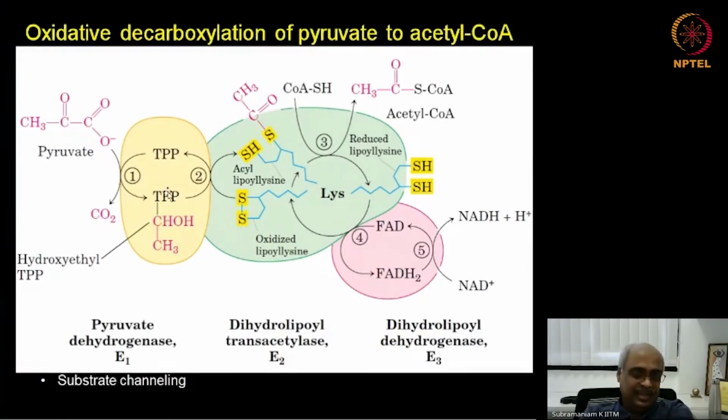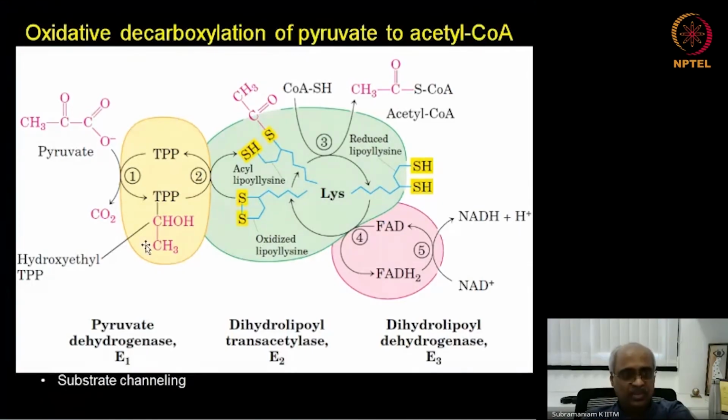So in this kind of a complex, the product of one enzyme is the substrate for the next one. And in between, the product is not released into the surrounding medium, meaning the cytoplasm or wherever this is happening. It doesn't diffuse away from the enzyme surface because they are all tightly bound in a single complex, from one directly to the next one and so on.